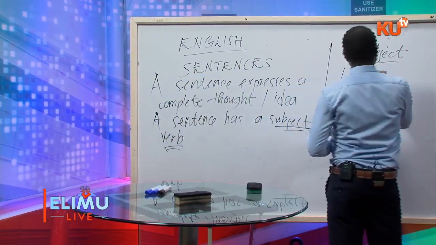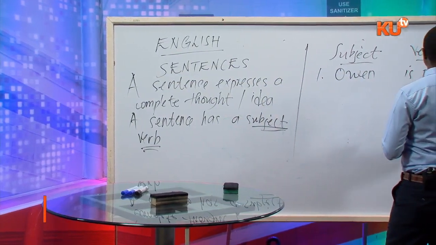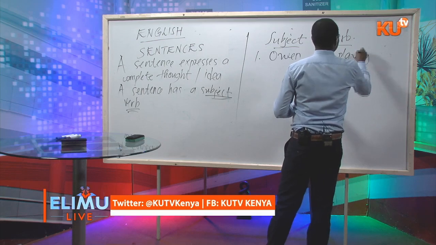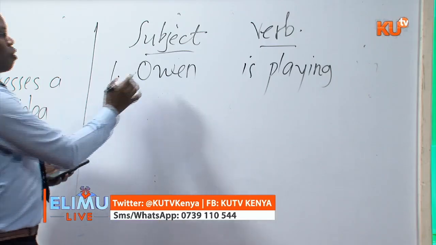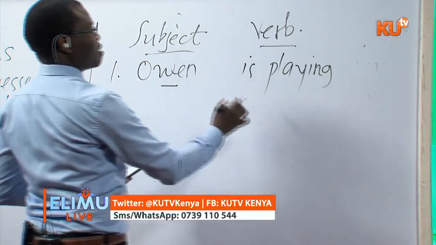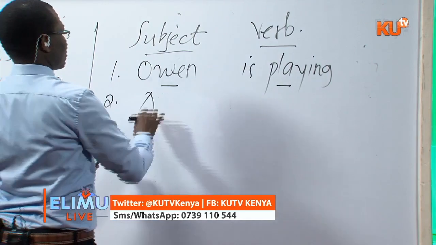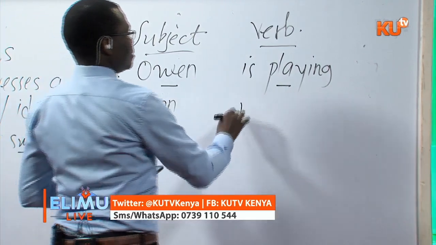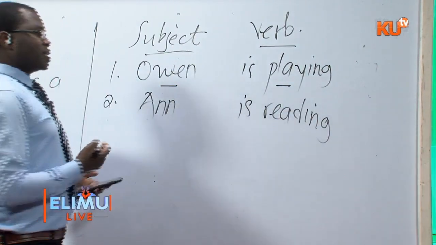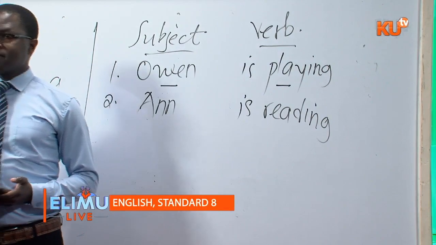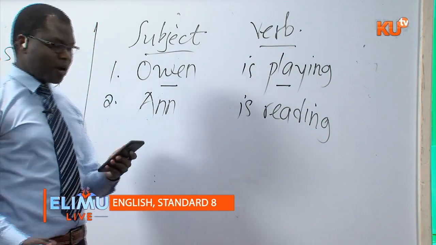Number 1, Owen is playing. This is a basic sentence. Owen is the subject and the verb is playing. Number 2, Anne is reading. In this example, Anne is the subject, reading is the verb.